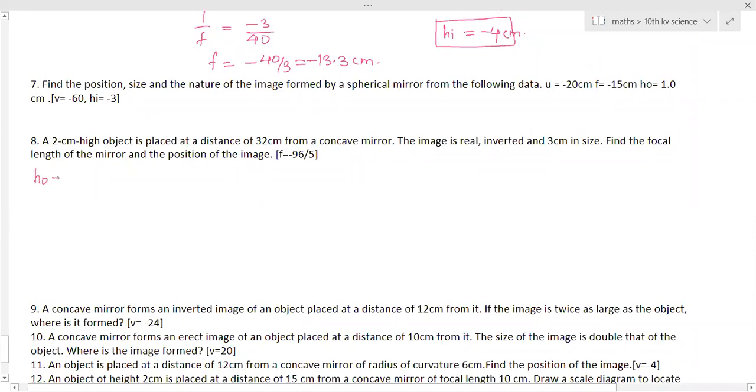HO is equal to 2 centimeter. Okay. And then this is a distance, and U is minus 32 centimeter. Okay.